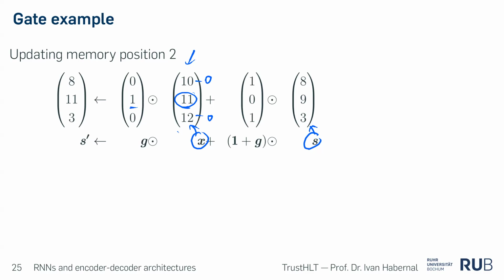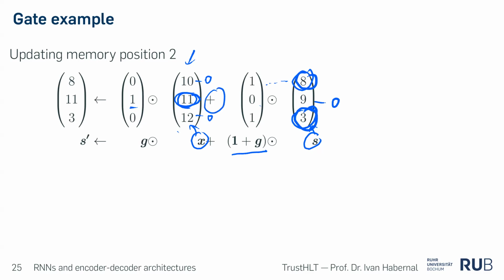And now we take 1 plus g, which is basically negating the vector because we're in modulo 2. So everything which has been 0 turns into 1 and vice versa. Now we multiply the state with this negated gate, which means everything which is 1 will be kept, and everything which is 0 will become 0. As you might see, we end up with two distinct bunches of numbers complementing each other.